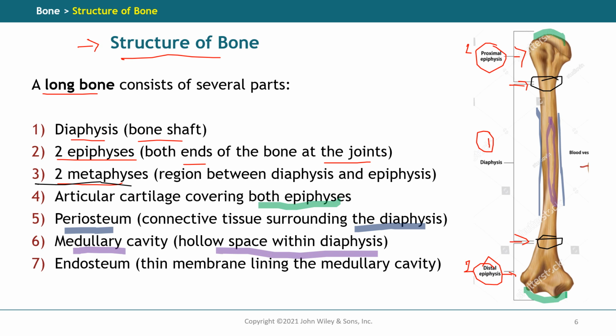And we will talk about those holes. And finally, we will talk about the endosteum, that is a thin lining of the medullary cavity. So here you will find a specific tissue surrounding all this hollow structure.